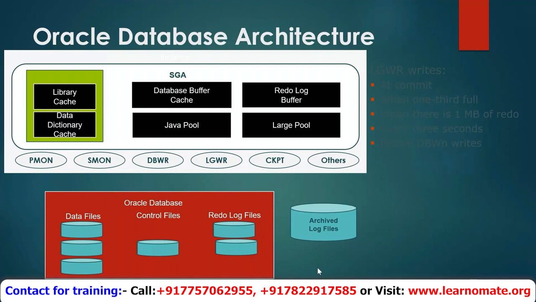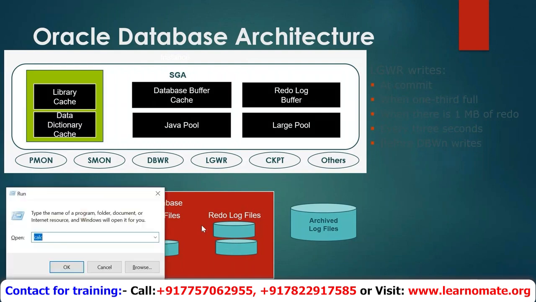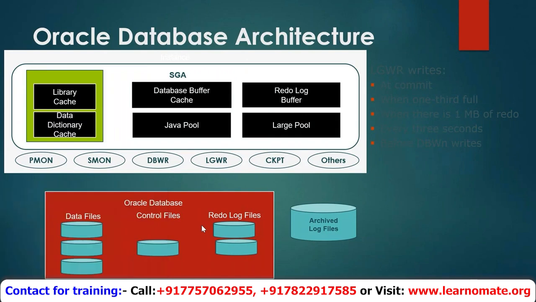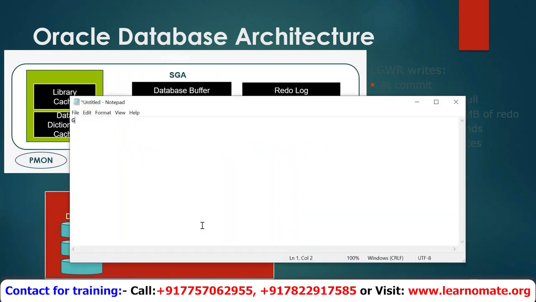Now, the same redo log files or archive log files are also used for CDC purposes, change data capture. So, what is GoldenGate first of all? GoldenGate is a CDC tool. CDC stands for change data capture.